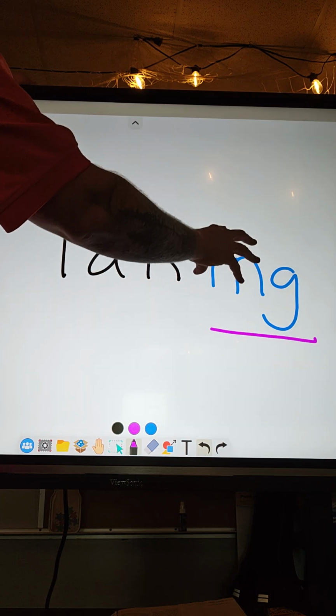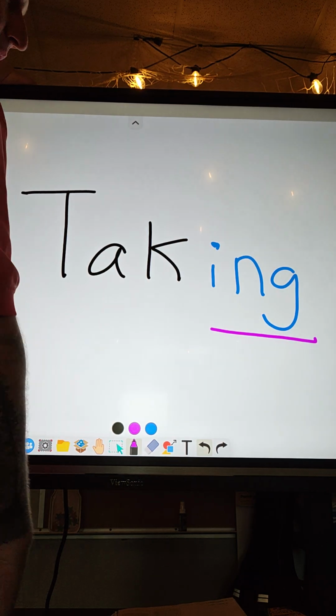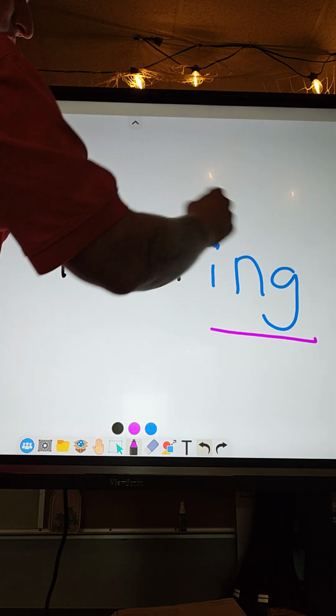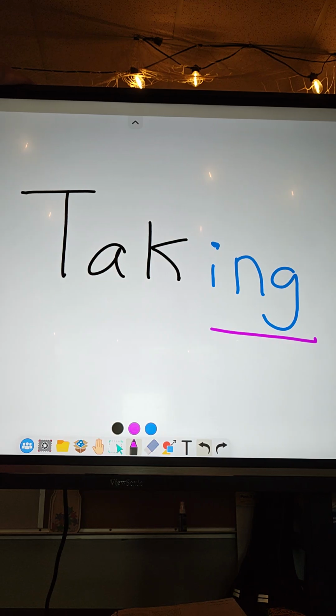But drop the E means it was take with an E. Drop the E means get rid of the E. Add, meaning put in, ing instead. Now, this is taking. If you're wondering, doesn't that say tacking? No, it does not. English is a weird, weird language. This is the correct way to spell taking. Like, I am taking a crayon out of a box.